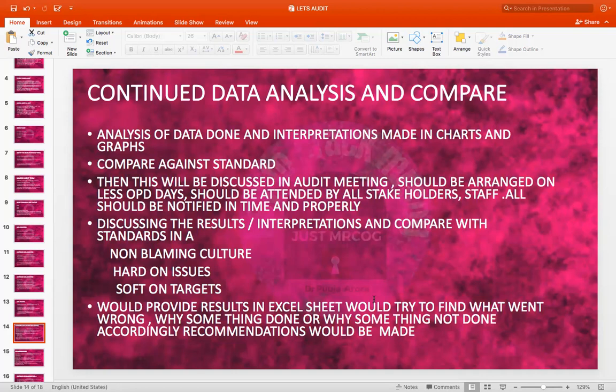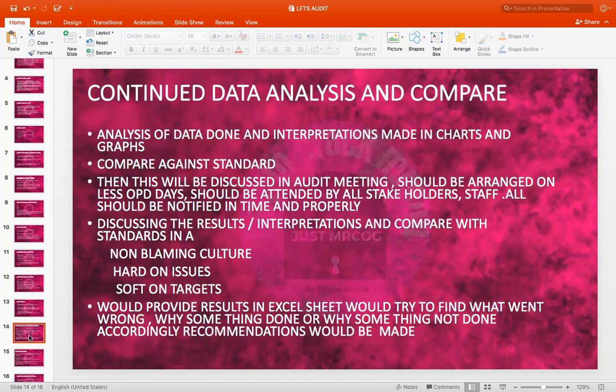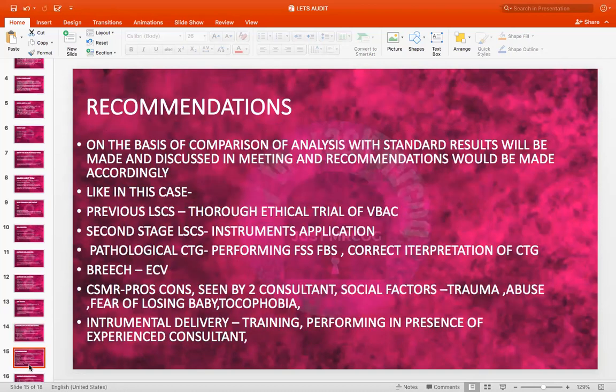Analysis is the first column, the second column is the standard, equal to result or interpretation, and the result or interpretation would be in the form of graph, chart, and in an Excel sheet. Clear?